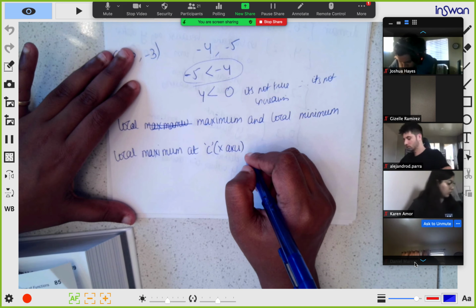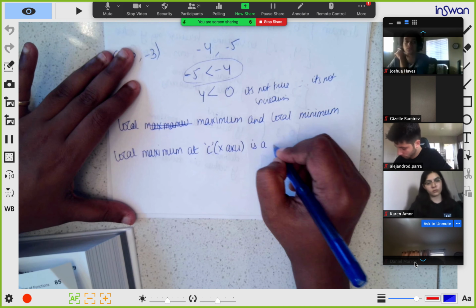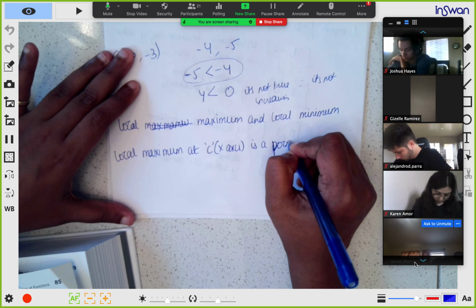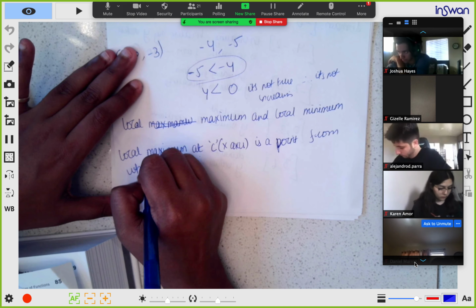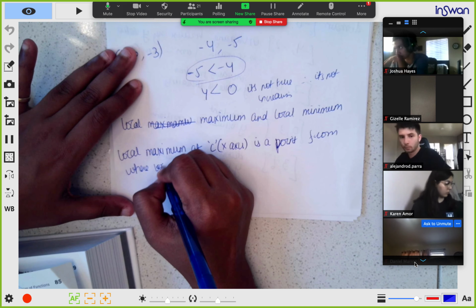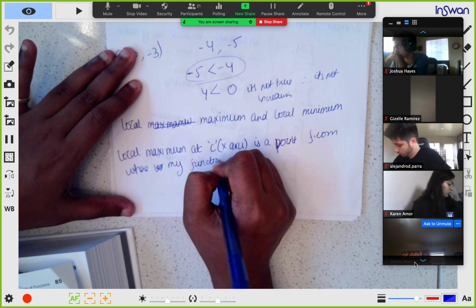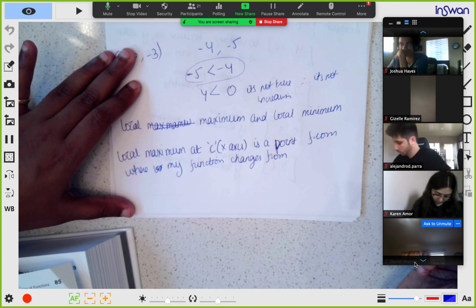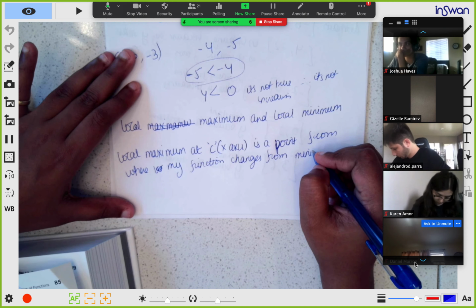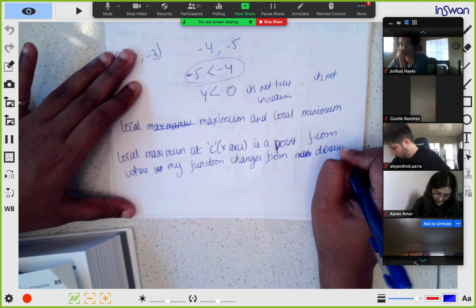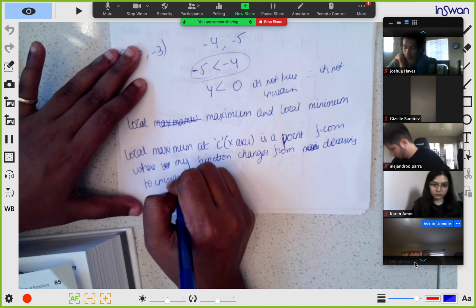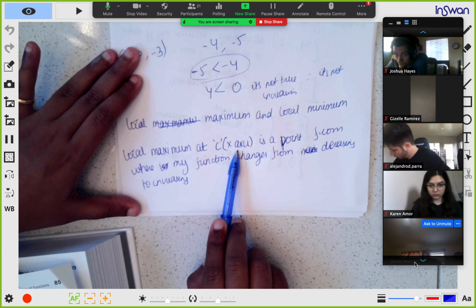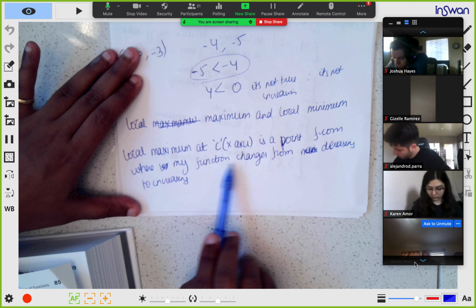You can say local maximum at C is a point from where my function changes from decreasing to increasing.